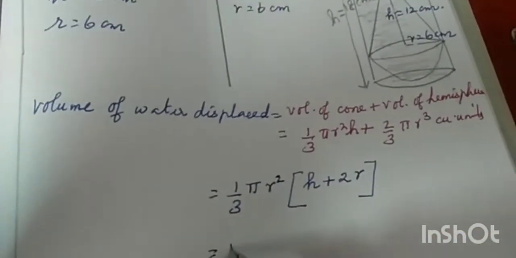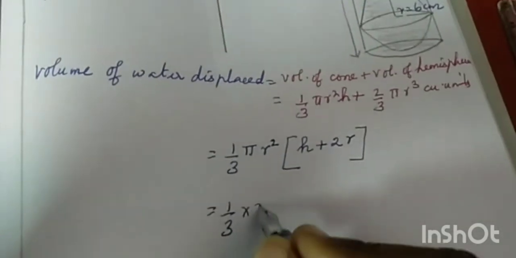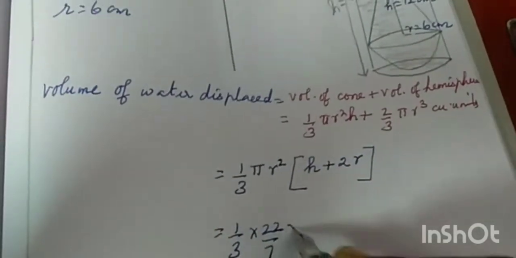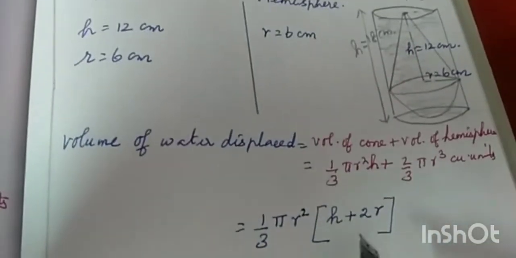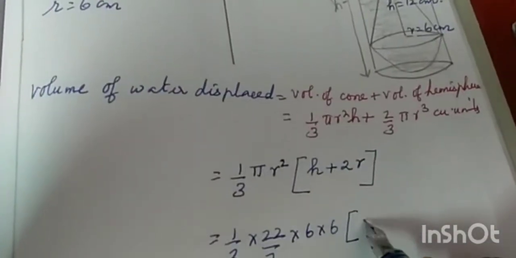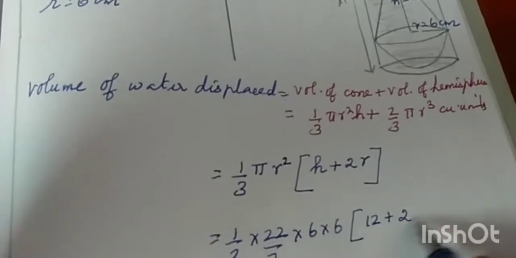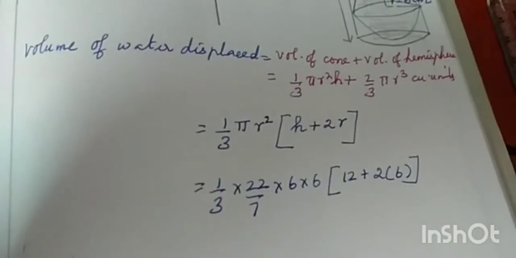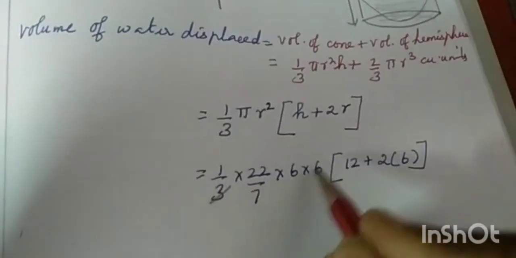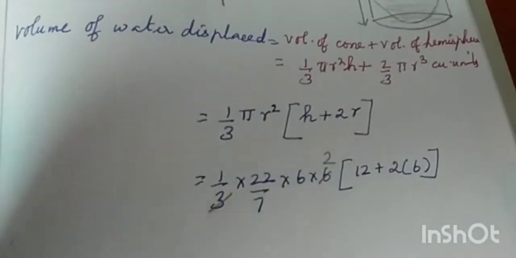Okay. You must be careful while substituting. 22 by 7 into r squared is 6 into 6, into h plus 2r. h is for the cone, it is 12, plus 2 into r is 6. So there is 3 and 6 to be cancelled. How many times? 2 times.